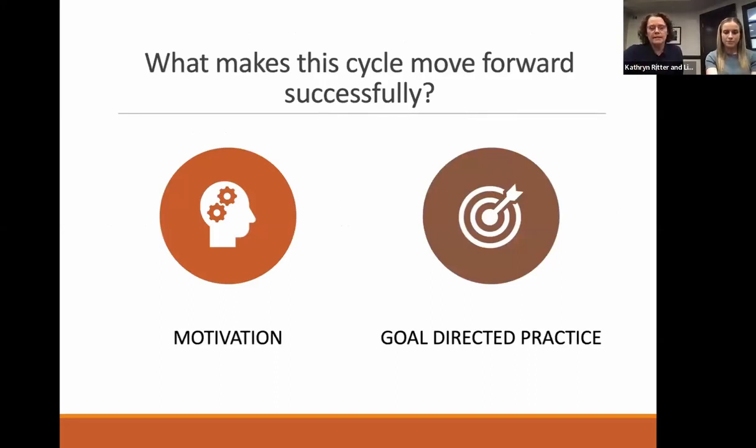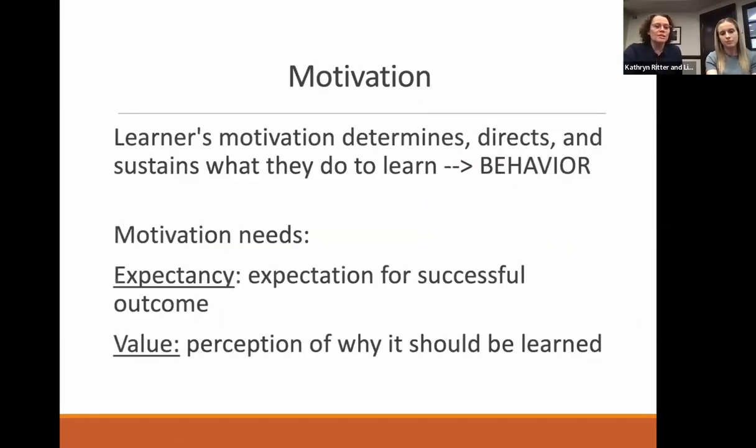So how can you ensure this moves forward successfully? Two important things to think about: one is motivation for adults, and two is making sure, as I said, it's goal-directed. So what motivates adults? Two big things. One, learners are not going to be motivated to move forward or try to learn if they don't think they're going to be able to do it.